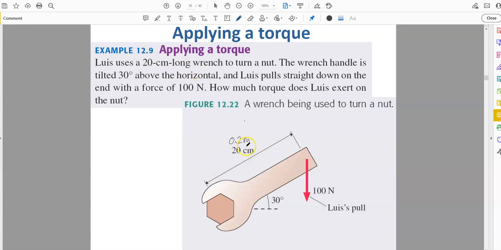The handle is tilted at 30 degrees above the horizontal, and Luis is pulling it at 100 newtons. The question is, how much torque does Luis exert on the nut?